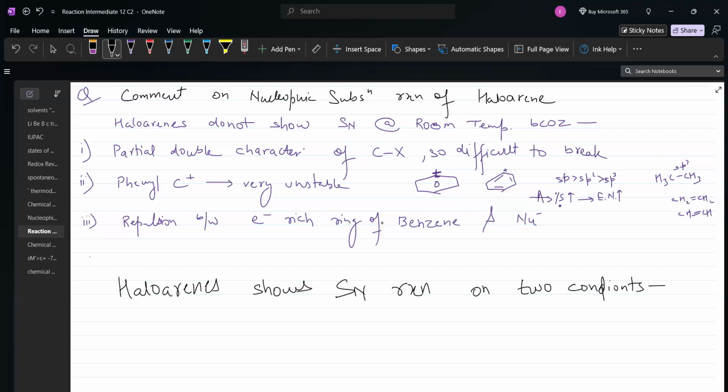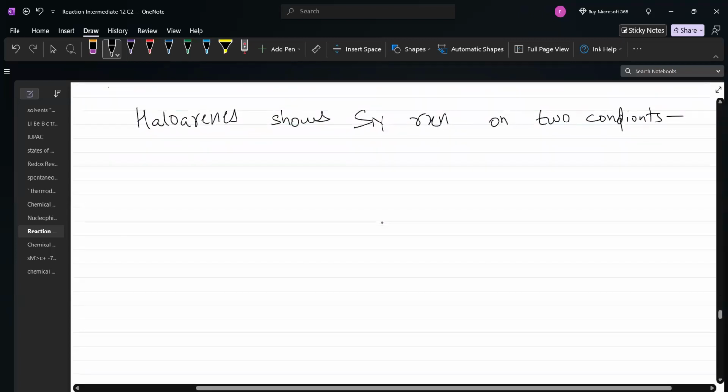The special conditions which we are going to study here are, let's see, at high temperature and high pressure. NCERT uses the words drastic conditions.